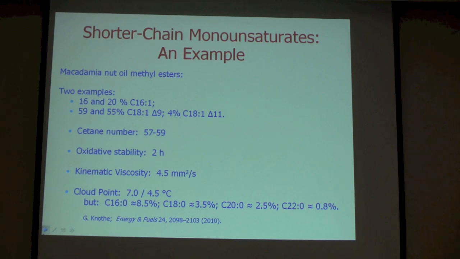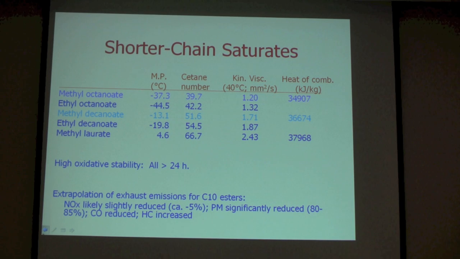Following up a little bit on a nutty idea, we looked at macadamia methyl esters because that's enriched in C16:1. Unfortunately, because it also contains some saturated compounds, its cloud point was not much better. So next slide, please. There we go. Shorter chain saturates.